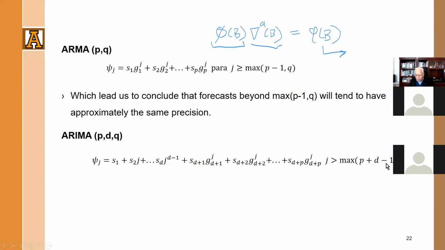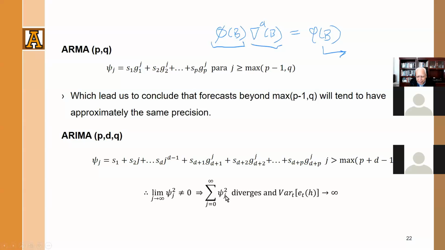If j is greater than or equal to this maximum, then the limit when j tends to infinity of psi sub j squared is different from 0, and that will imply that the sum of psi sub j squared diverges.